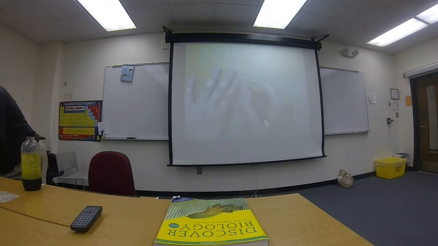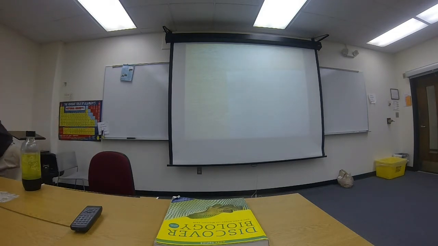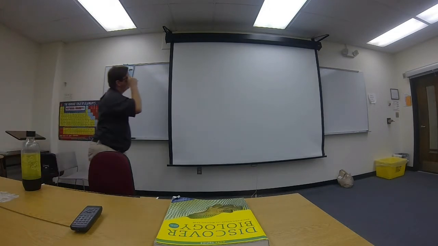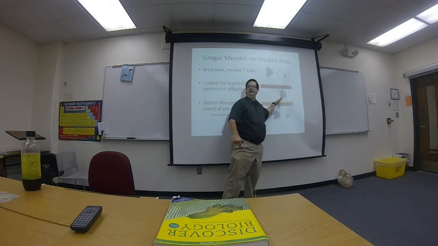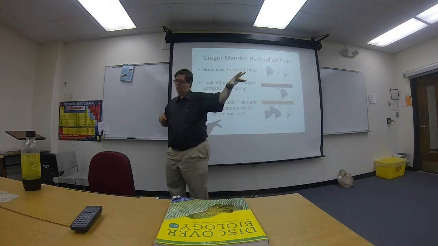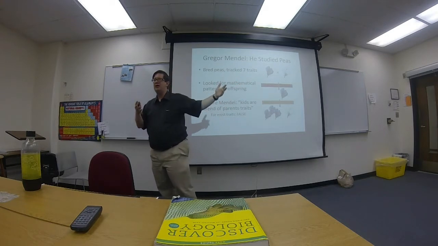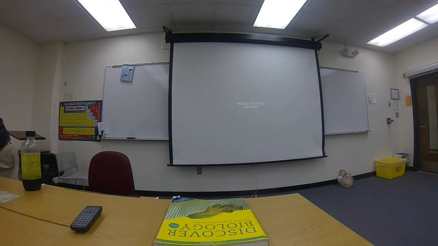Would you agree that each one of these flowers has a purple gene and a white gene, right? I'm going to use the letter C for color, because we're talking about color. You can use any letter you want, but I'm going to use C for color.